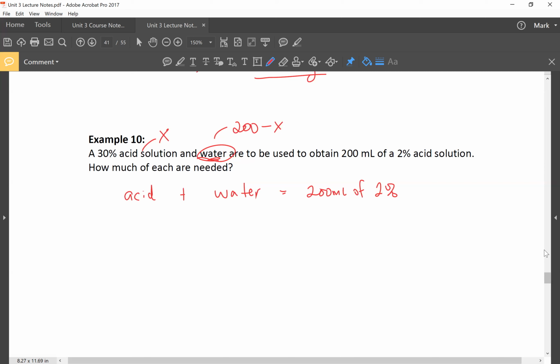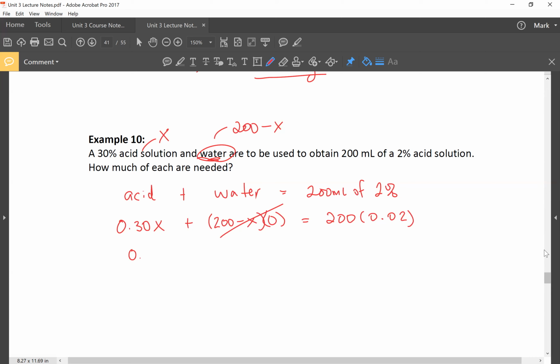So 30% acid, so 0.30 times x, plus my water times 0. You don't actually need to write this down, but I will put it there. Anything times 0 is just 0. Equals 200 milliliters times 0.02.